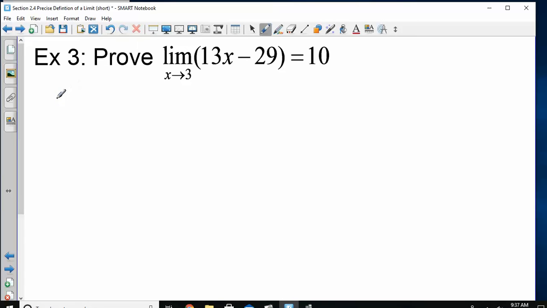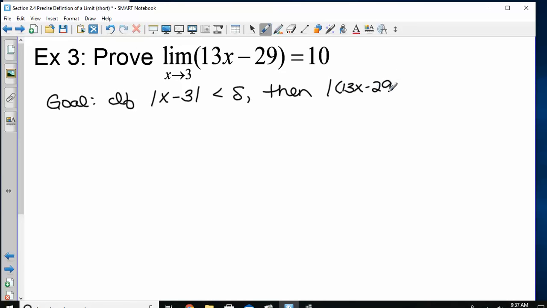So our goal, the definition of a limit: if the absolute value between x and a, what's my a value here? 3, is less than delta, then the absolute value of my f of x, what's my f of x? 13x minus 29, minus my limit, which is 10, is less than epsilon.